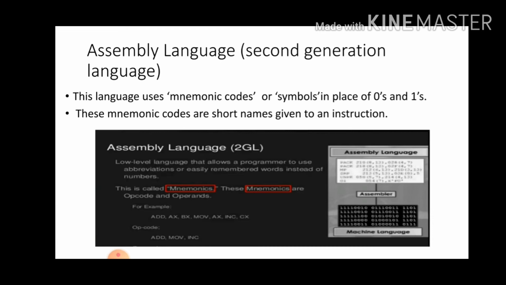Here we have a white board with black letters on it, and those black letters are known as the source code. The assembly language sends that code to the assembler, and the assembler, the mediator, converts that code into machine language, that is machine understandable language, into zeros and ones.